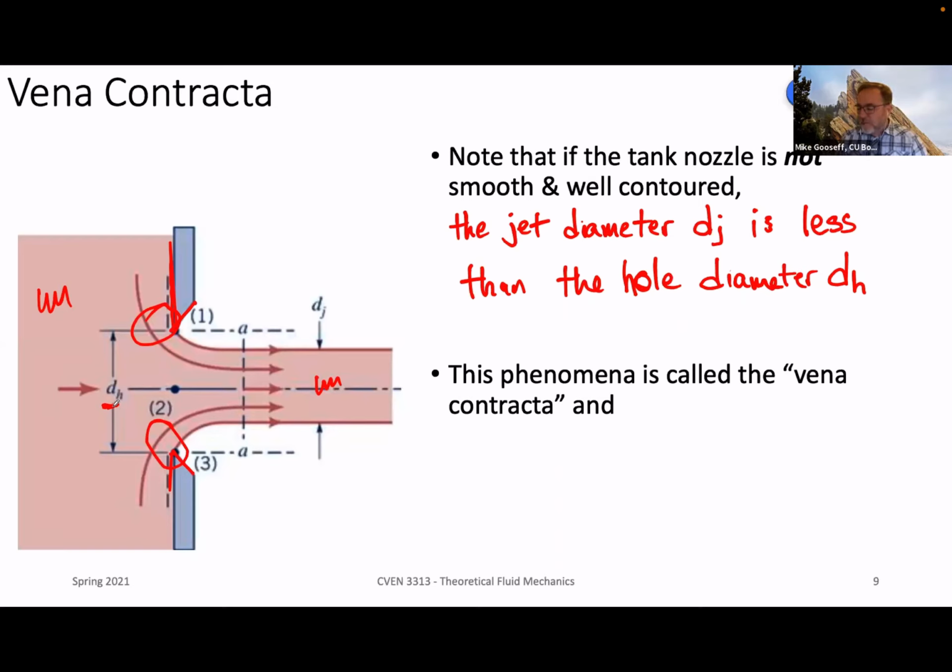This phenomenon is called vena contracta, and it results because fluids cannot turn sharp corners.